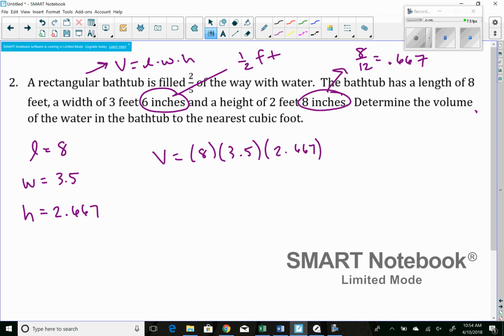If I do that math, 8 times 3.5 times that decimal, I get a volume of 74.676, sorry. Now that's the volume of the total bathtub.